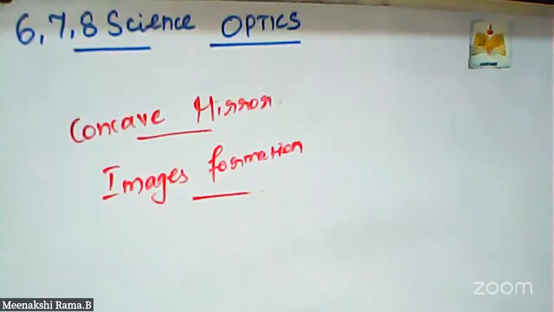Next, we are going to learn how the image is formed in reflection and refraction. So, what are the conditions of total internal reflection? Internal reflection, what is the reflection?